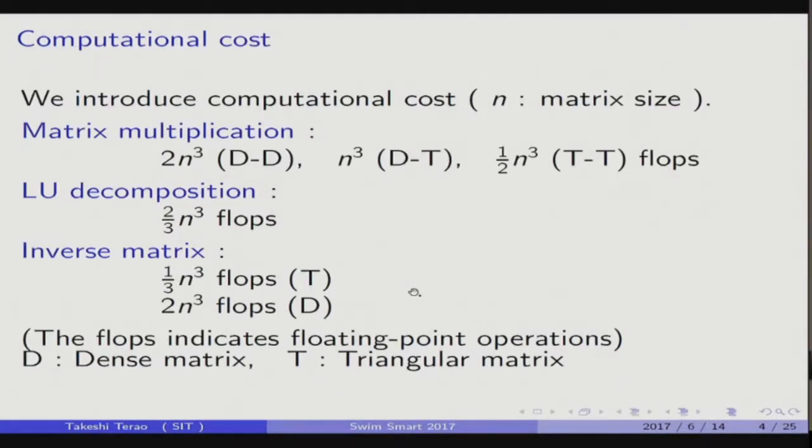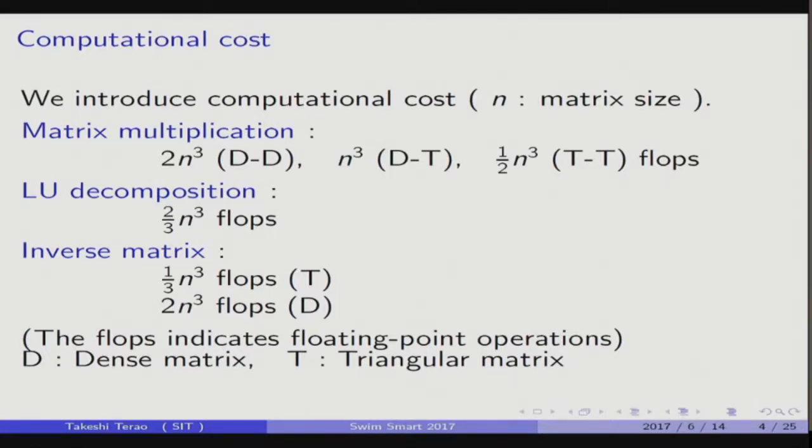In this page, we introduce the computational cost. For matrix multiplication, if we compute dense matrix times dense matrix, then the computational cost is 2 times n cubed flops. These flops indicate floating point operations.